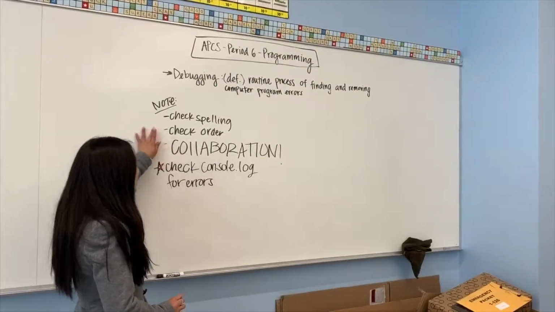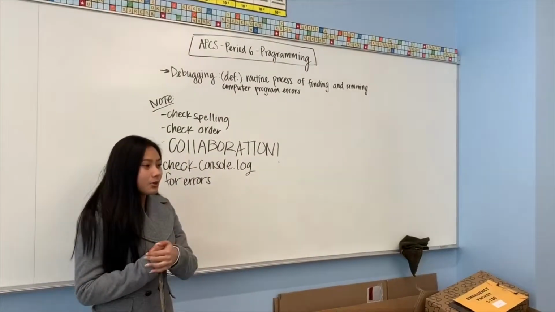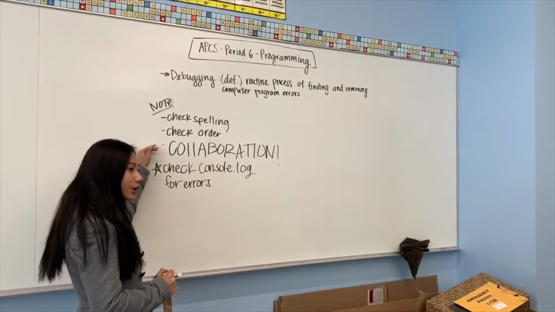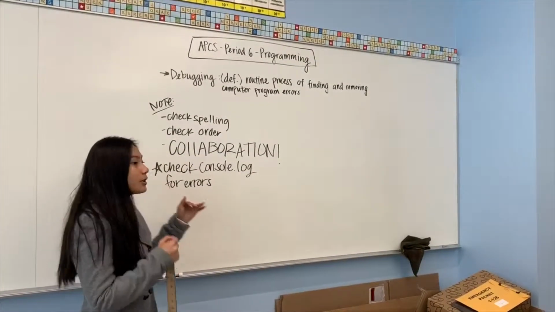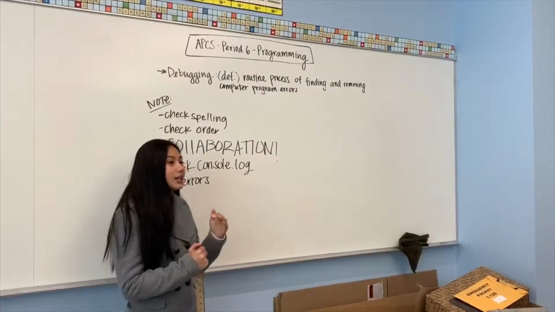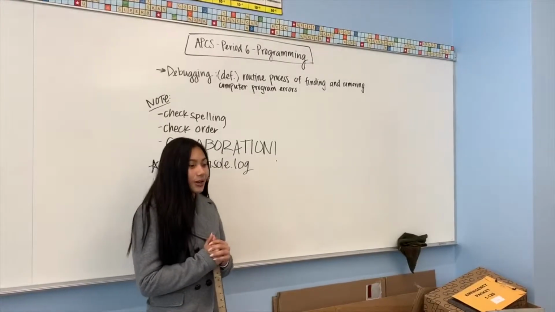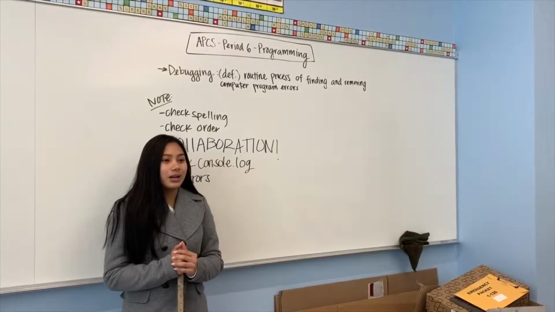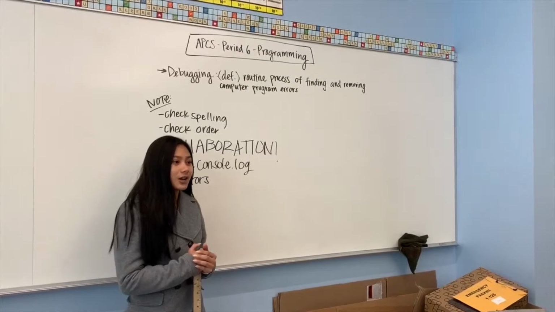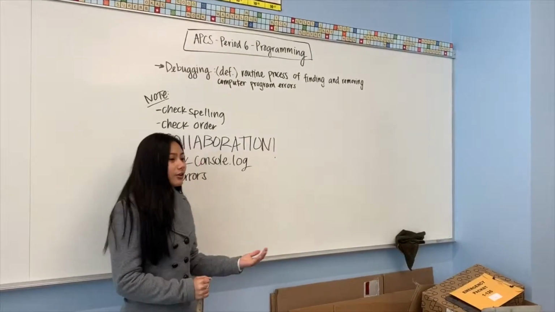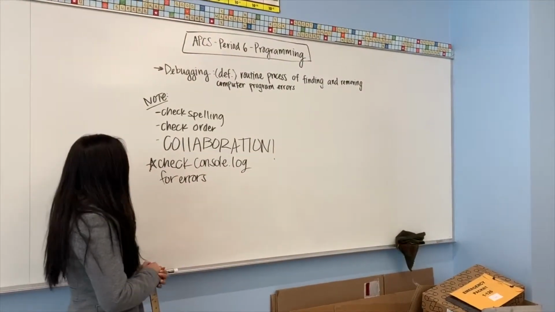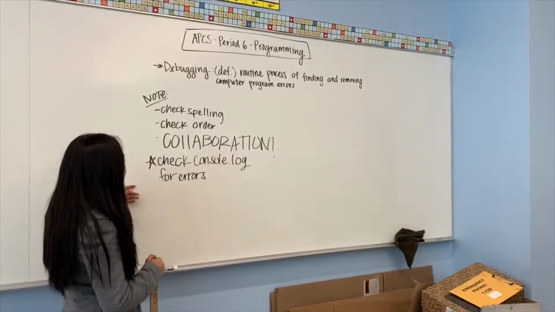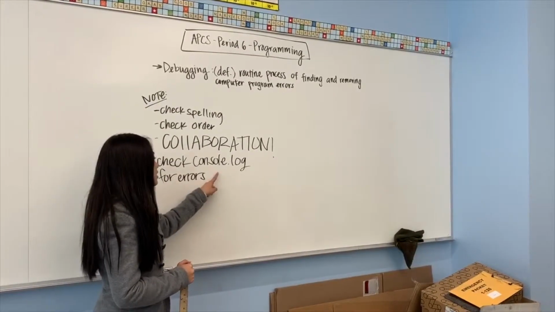You have to check the spelling, if the variables are all spelled correctly, the order, the syntax of it, and the key thing about debugging is collaboration. Collaboration in coding is very important because you're able to expand off each other and see their errors and see how you can find solutions with them. And the way for you to find that you have errors is checking the console.log.